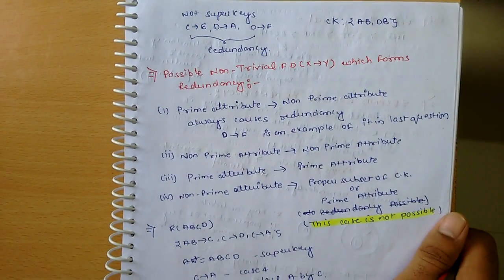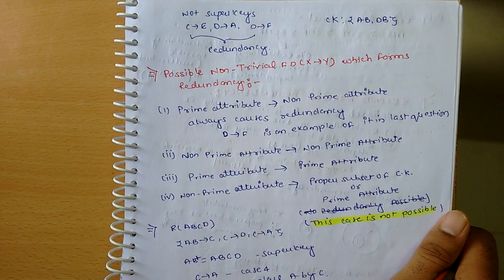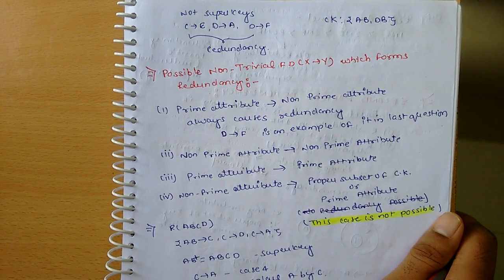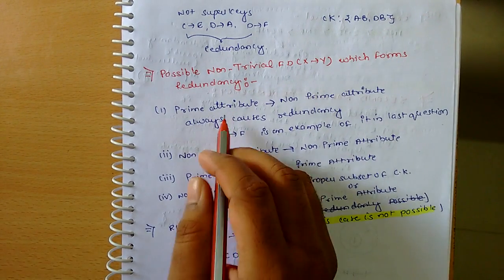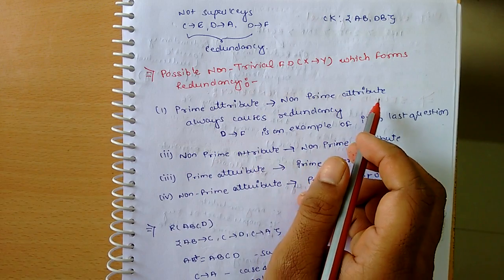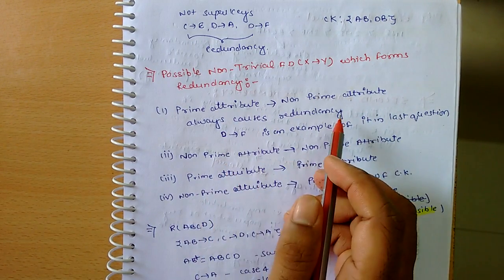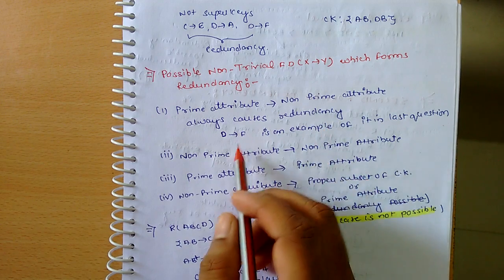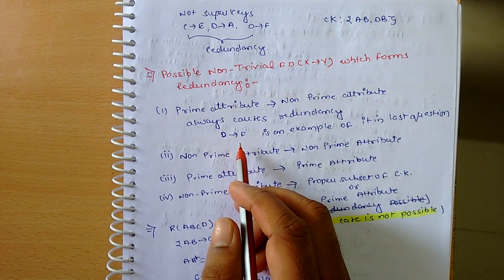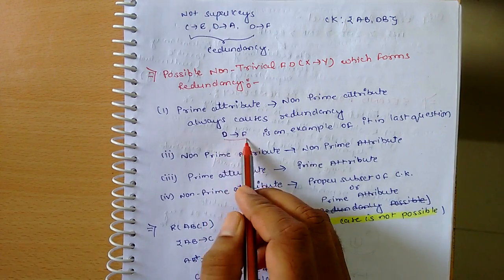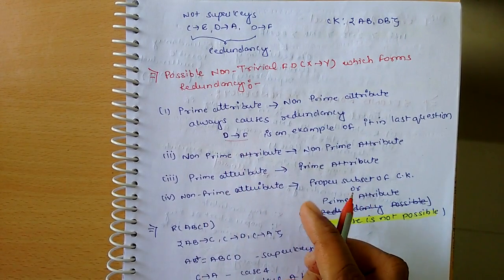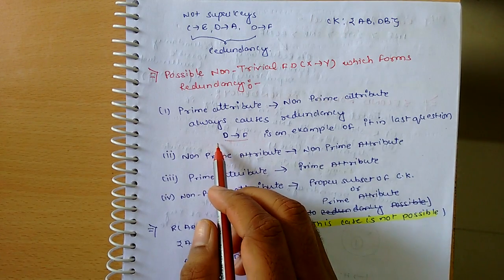Why do we need normalization? We need normalization so that we can remove redundancy from our relations. Redundancy can be caused by a few reasons. One is prime attribute goes to non-prime attribute, which always causes redundancy. Suppose there is a functional dependency D goes to F, and D is a prime attribute.